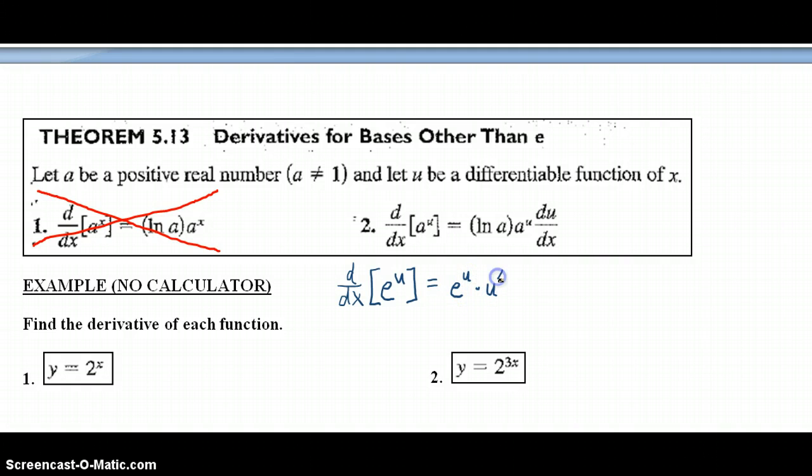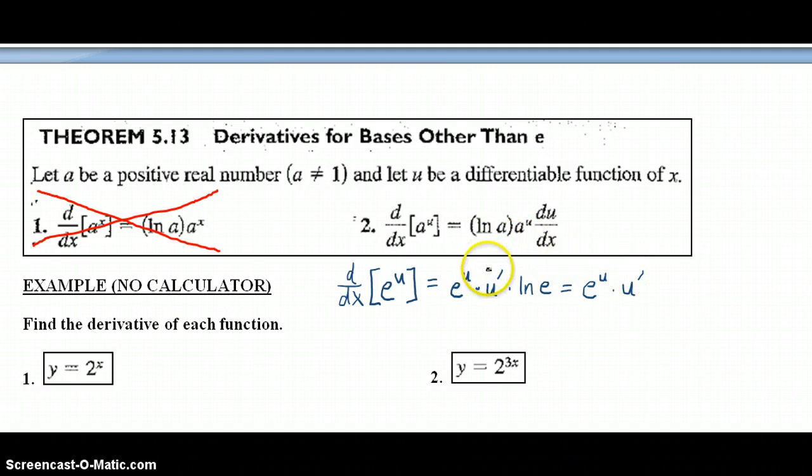u prime. Technically, there was something that I had not mentioned earlier, but we also technically multiply this by the natural log of our base, which is e. But the natural log of e equals 1, which is why we don't write that when we are taking the derivative of a function that is base e, and it just ends up being e to the u power times u prime.